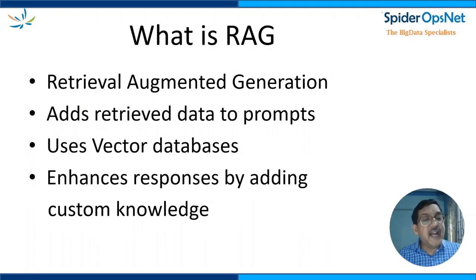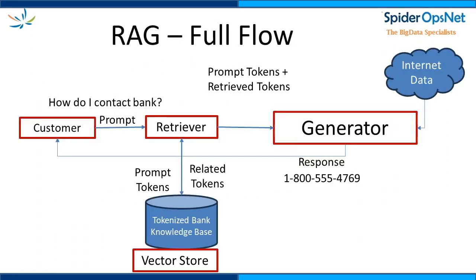Now that I had explained all the pieces, I went on. So here is how it all comes together. First, the indexer tokenizes the knowledge base and stores it in the vector store.